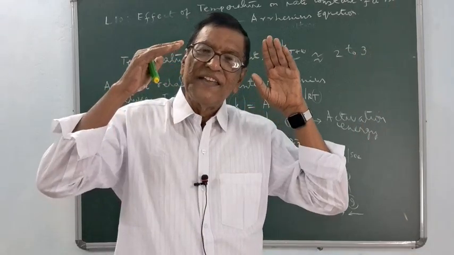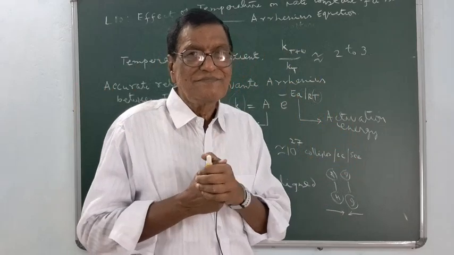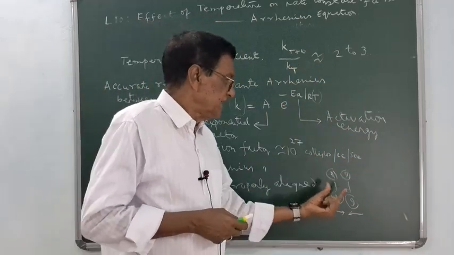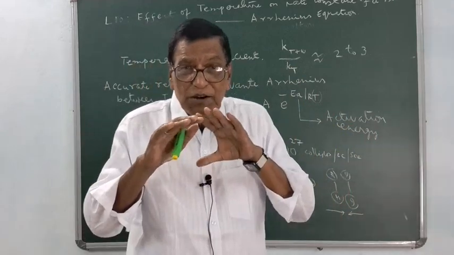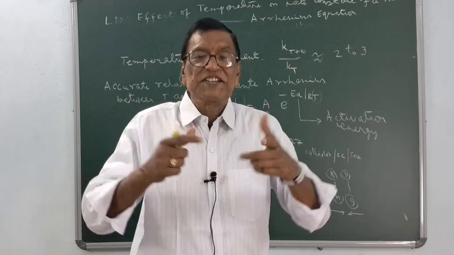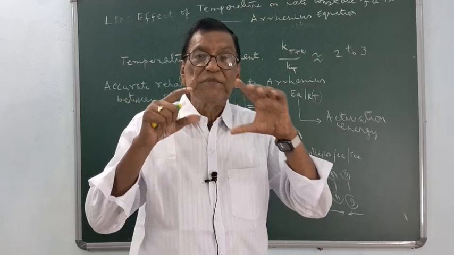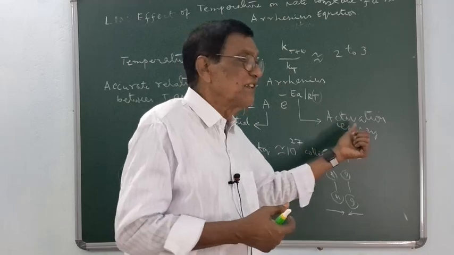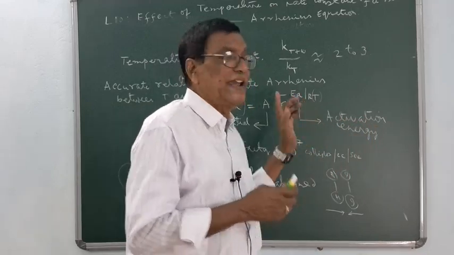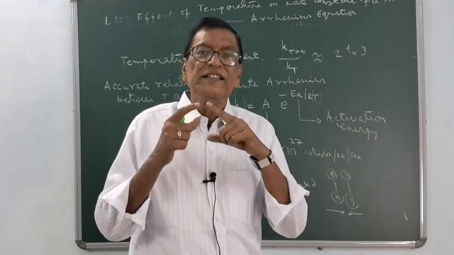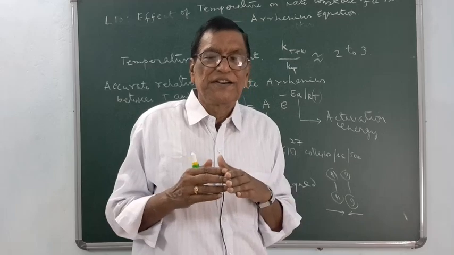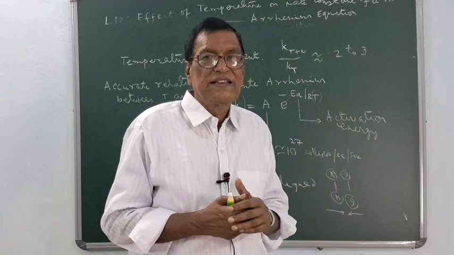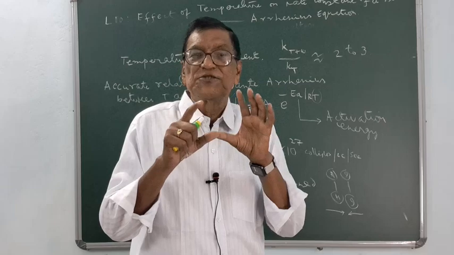Chemical reactions only occur whenever the reactant molecules acquire a certain minimum amount of excess energy, and that minimum amount of energy is called the activation energy, EA. Unless and until the reactant molecules acquire the excess energy EA, the collision is not fruitful.